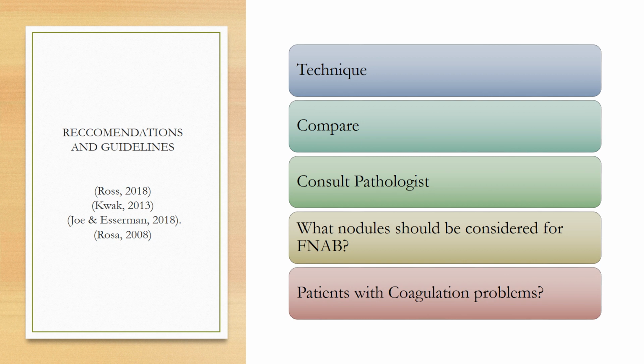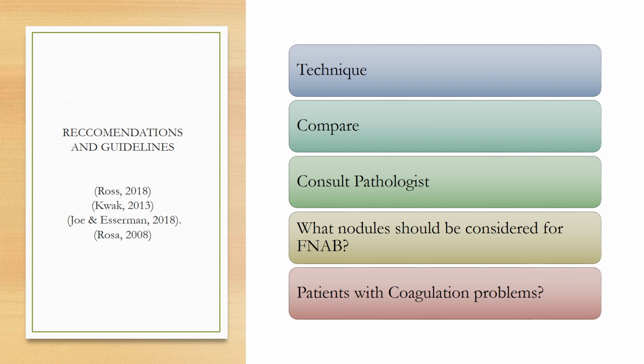So what are the considerations for what type of nodules should be considered for fine needle aspiration biopsy? One of the sources that I found, which I thought was really interesting, said size is not a predictive factor. Guidelines recommended nodules greater than 1 centimeter with irregular margins, microcalcifications, taller than wide, and rim calcification should be considered.